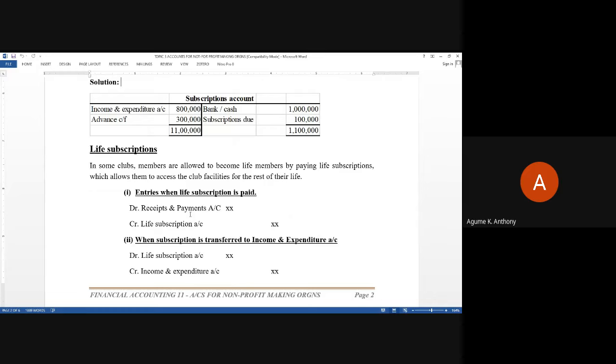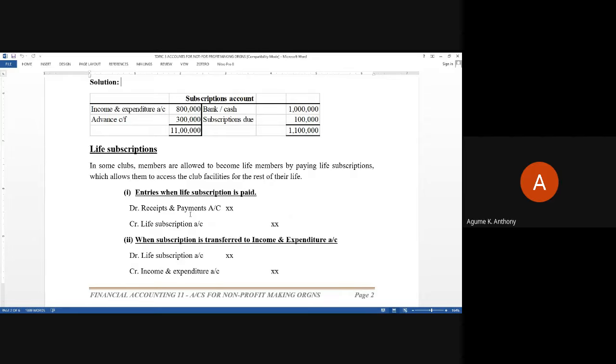And of course, those life subscriptions allow the members access to the club facilities for the rest of their life. So when a life subscription is paid, of course, the non-profit organization is not going to recognize all this as income received in that particular period.